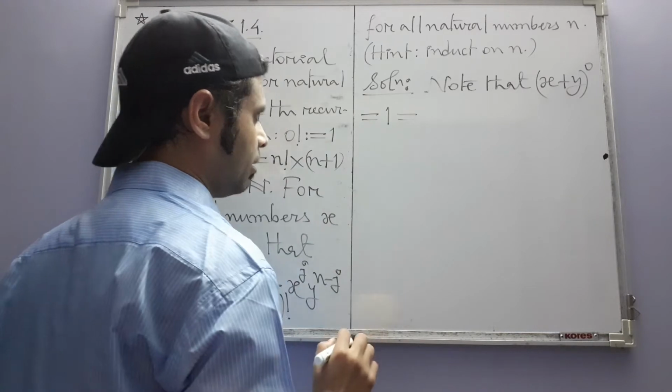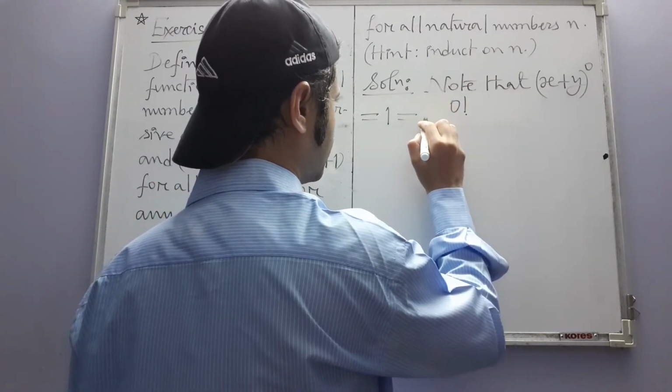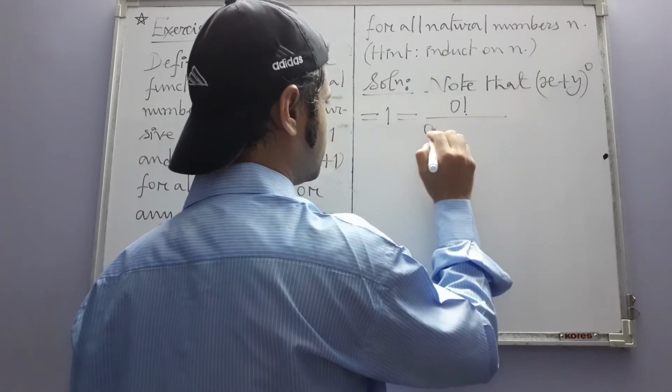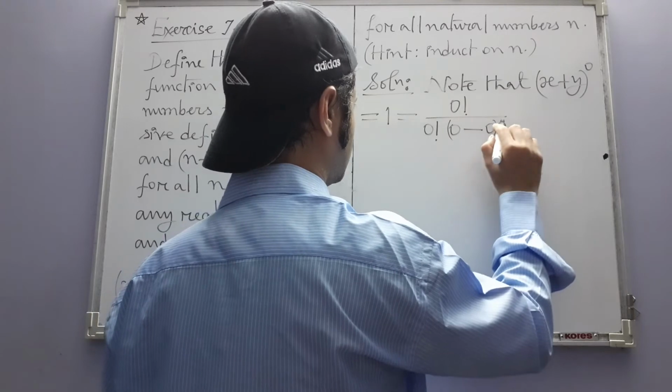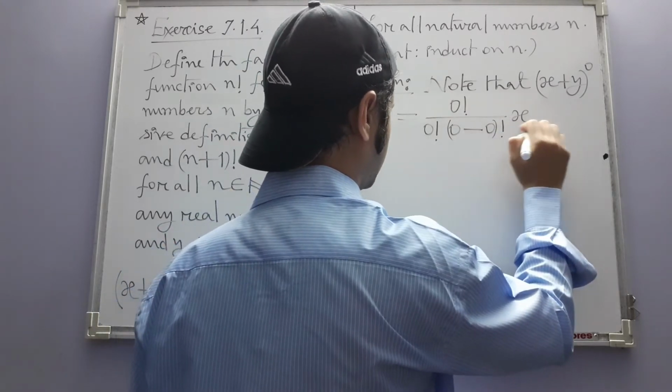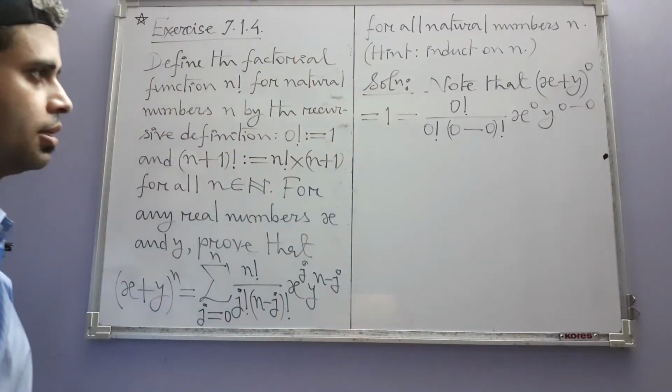Now if you look carefully, this real number 1 can be written like this: 0 factorial divided by 0 factorial times 0 minus 0 factorial times x to the power 0 times y to the power 0 minus 0.